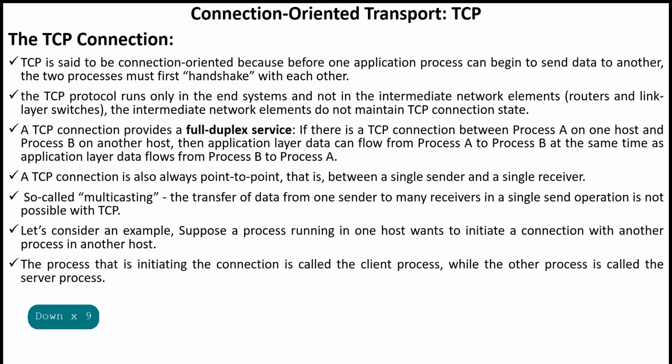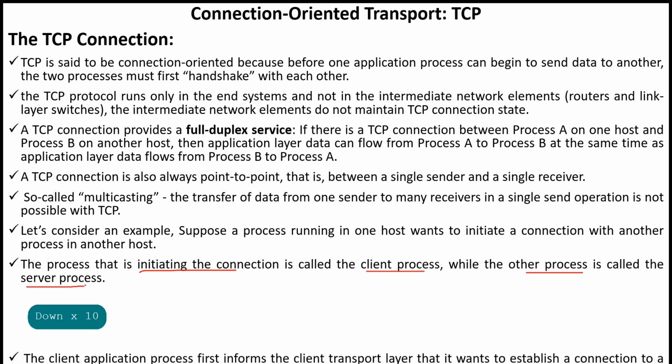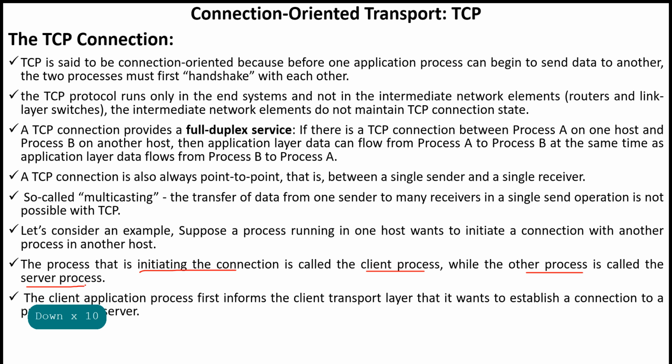The process that is initiating the connection is called the client process, while the other process is called the server process. The client application process first informs the client transport layer that it wants to establish a connection to a process in the server.